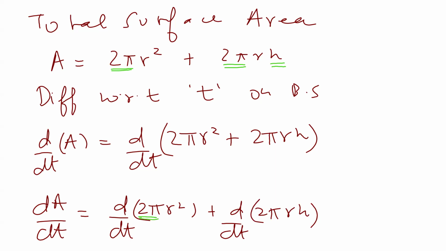So 2 pi being a constant will go outside, and 2 pi h in the second derivative will go outside, because all these terms are constants. Please copy this. I'll wait for you.